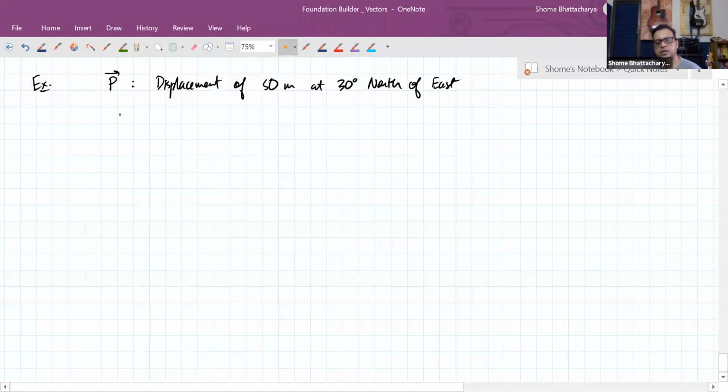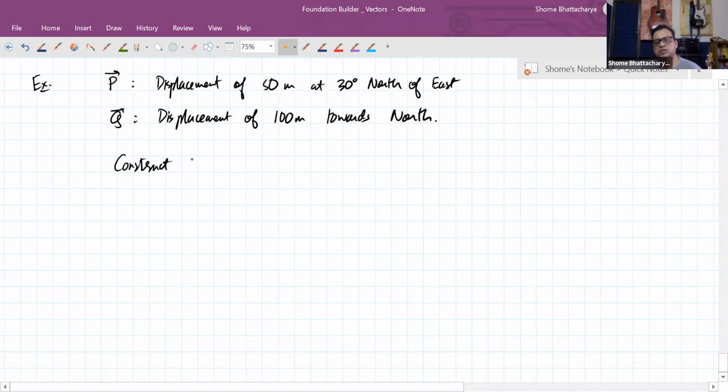Okay, and Q is a displacement of 100 meters towards north. Okay, so construct vector arrows to represent P and Q.